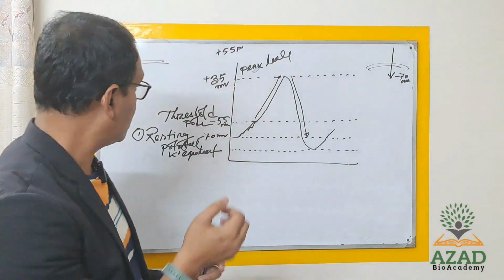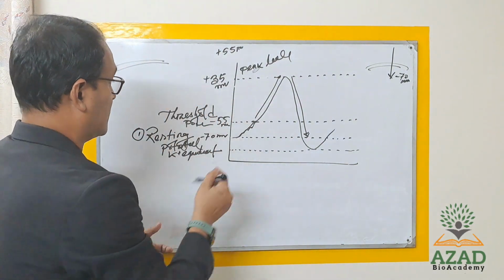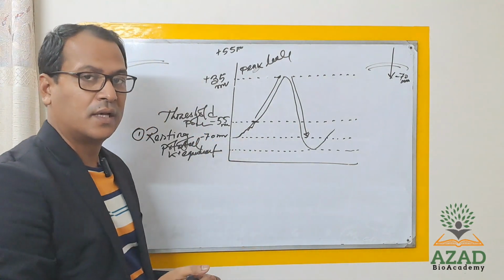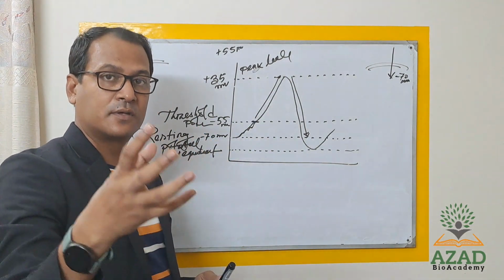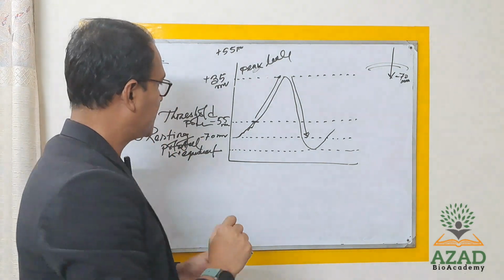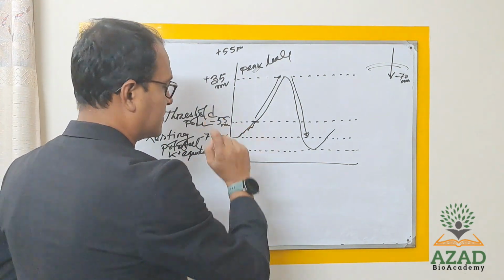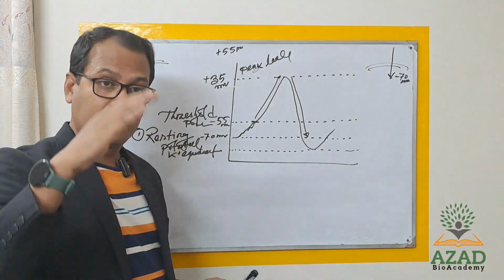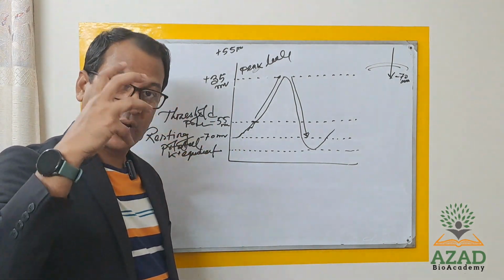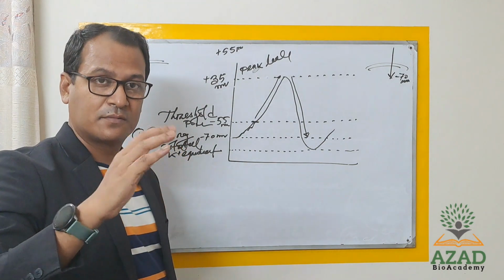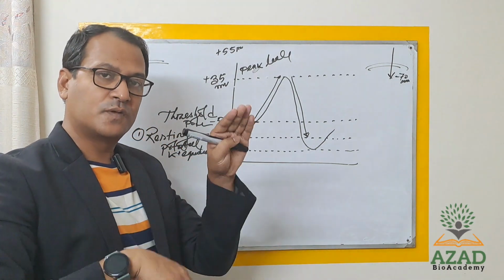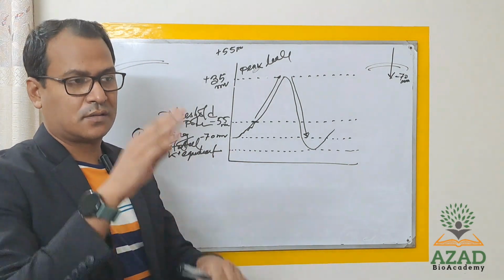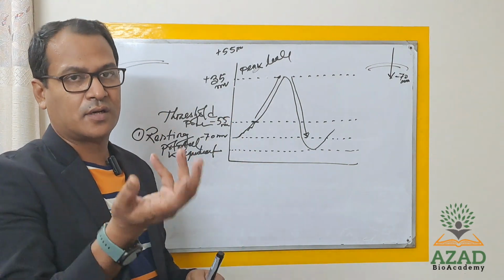Before the threshold level, by some leak channel or some mechanical sodium channel, some potential changes may happen. And I already said the membrane is always in a polarized state, that means some ions have already entered or exited.